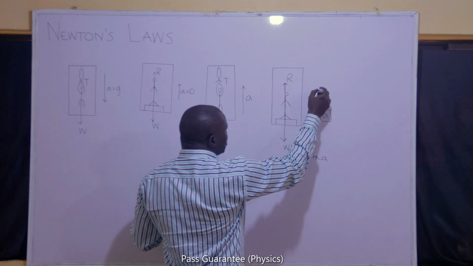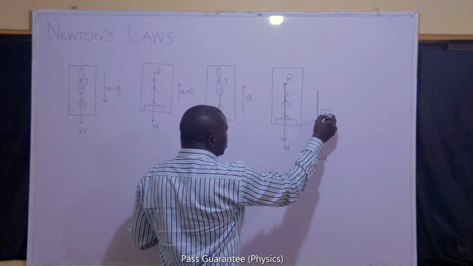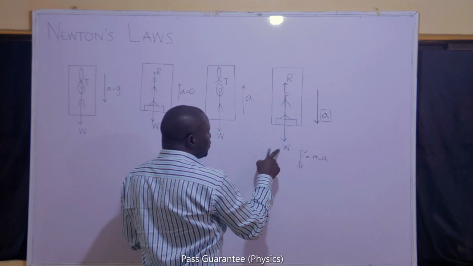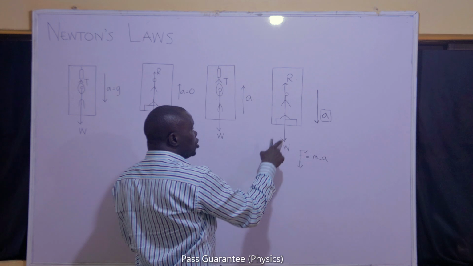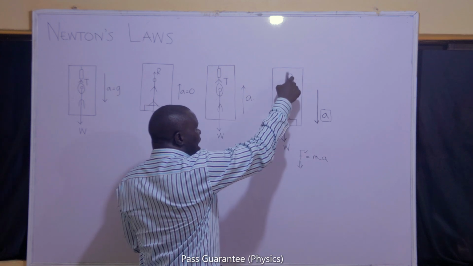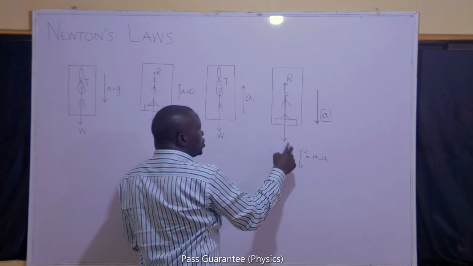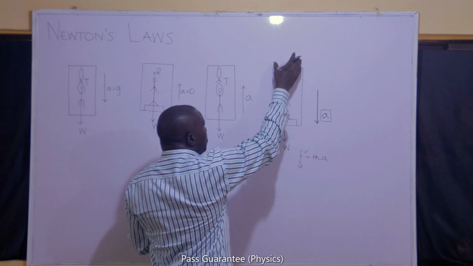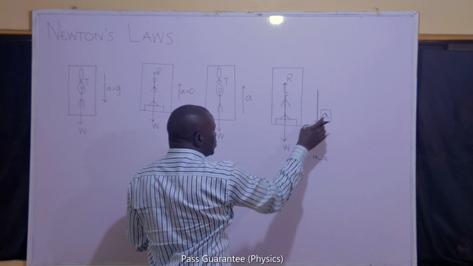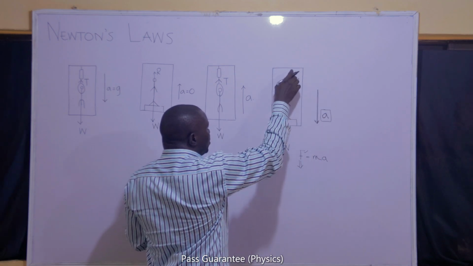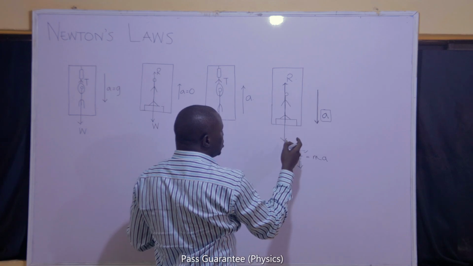If this object is going down with an acceleration, the resultant force is W minus R. If R is greater than W, this system will move up. But because it is moving down, W should be greater than R. The resultant force, therefore, should be W minus R.